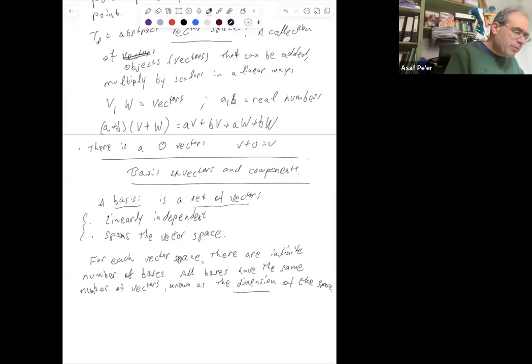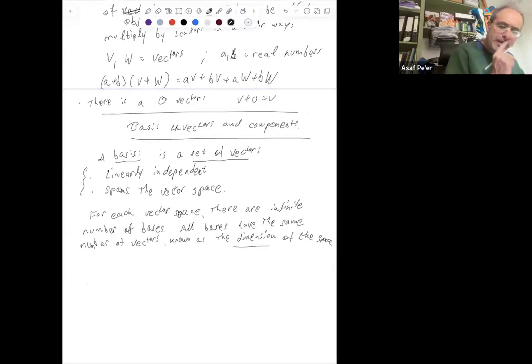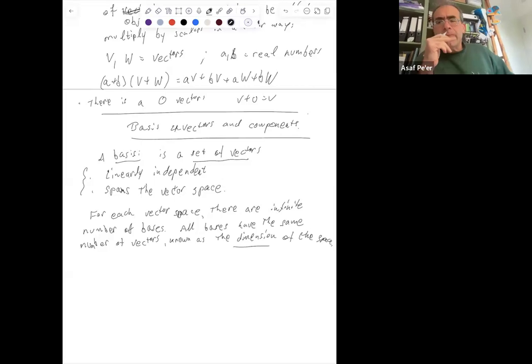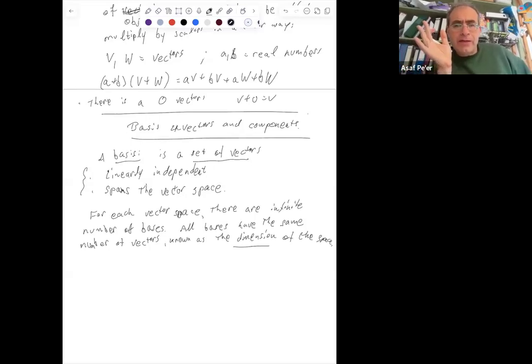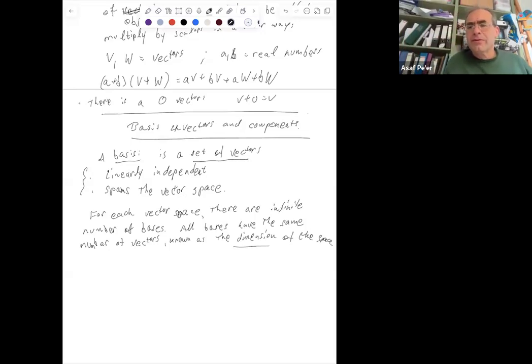Now, there is one subtle point which needs to be highlighted. When we speak about the vector, it doesn't care about the basis. We can select different bases to describe the same vector, but the vector doesn't change when we change the basis.